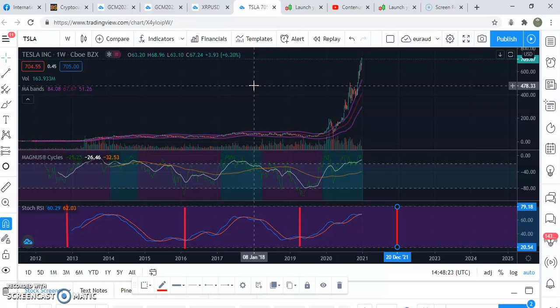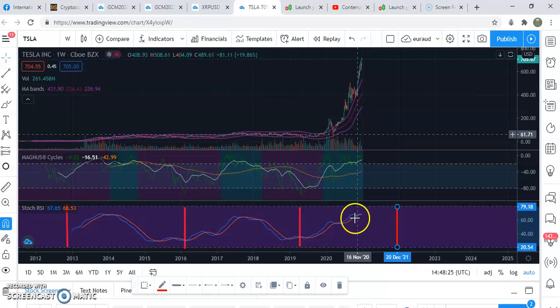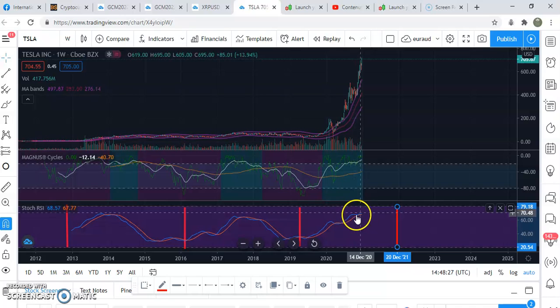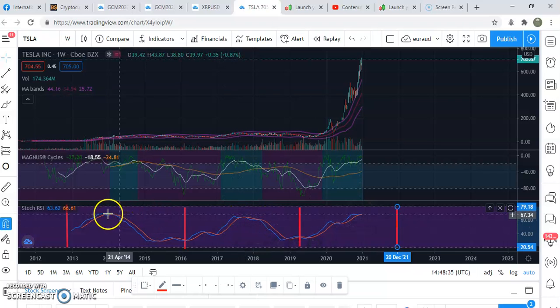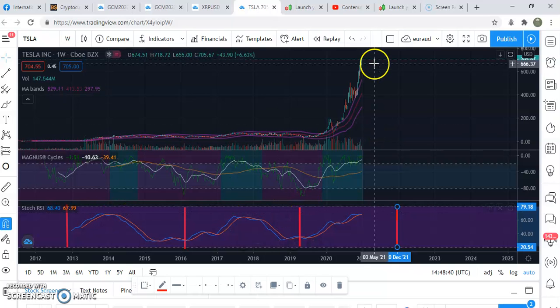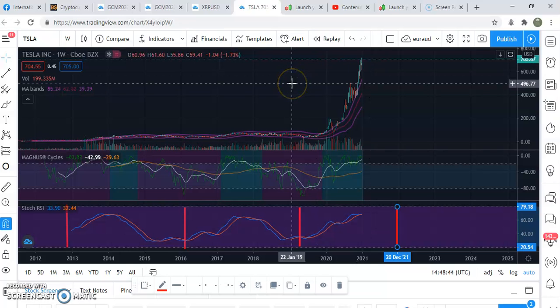Again, as you can see here, this is the curve. If we analyze the height of the curve, we are above the second cycle, and actually at the same height as the very first cycle. So we could even see $1,000 because the market and whales like to see round numbers, but again it's too risky.